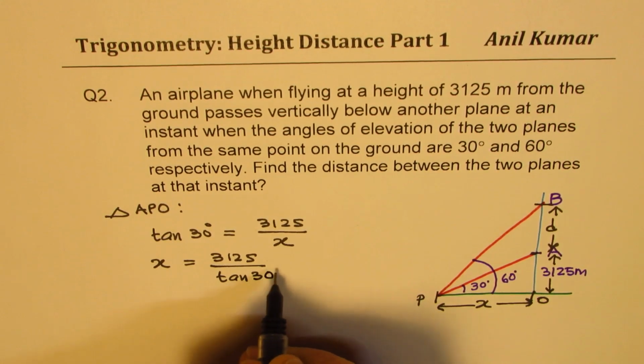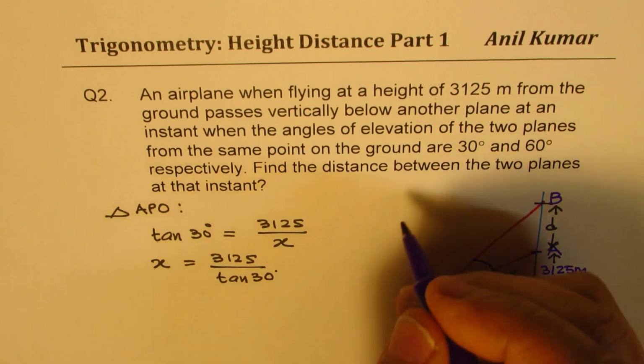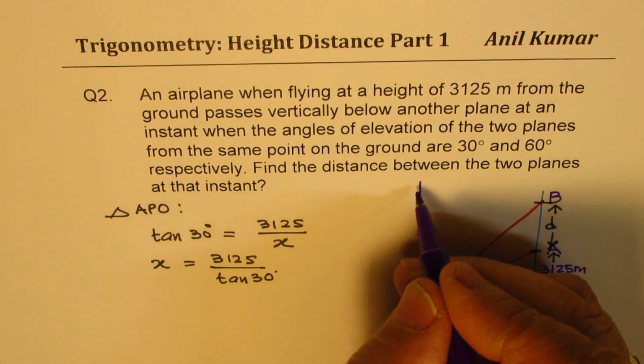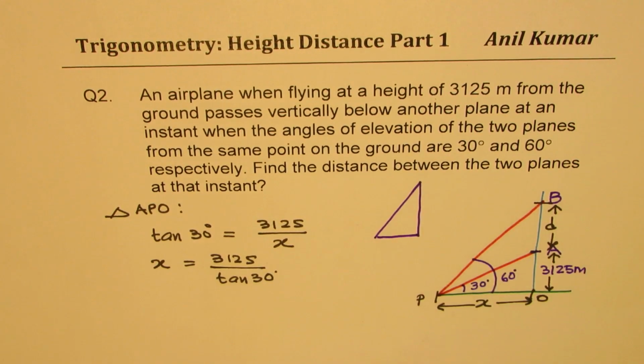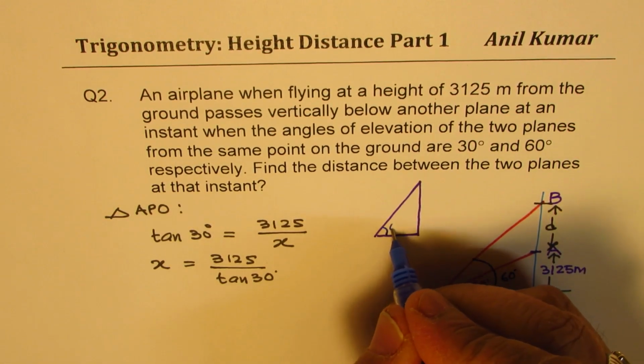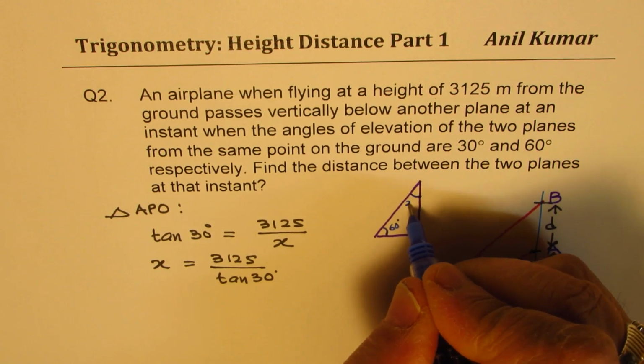Now, many times a calculator is not allowed, so let me give you the special triangle also while we are working on it. I prefer to draw one triangle for both 60 and 30 degrees. In this triangle, this angle is 60 degrees. This is a right triangle. Here we have 30 degrees.